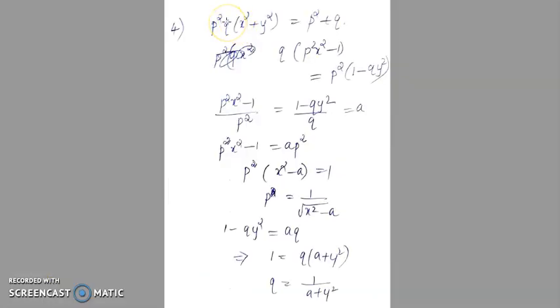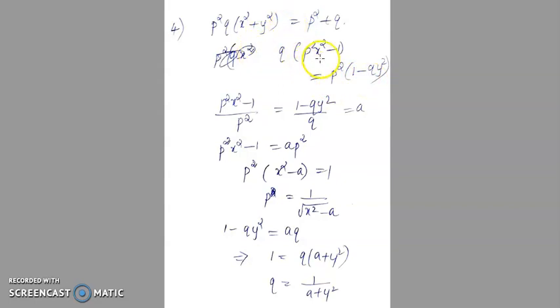So the first one is p square q into x square plus y square equal to p square plus q. This is an equation in separable form. So you can write it in the form q into p square x square minus 1 equal to p square into 1 minus q y square.